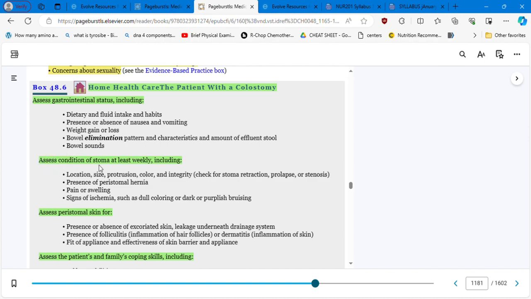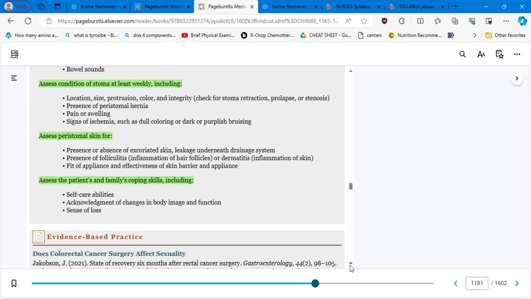Assess the condition of the stoma at least weekly, and check for the location, the presence of peristomal hernia, pain or swelling, signs of ischemia. Assess peristomal skin for presence or absence of excoriated skin, fit of appliance, and effectiveness of skin barrier and appliance.